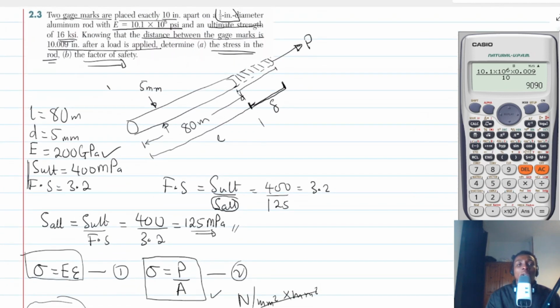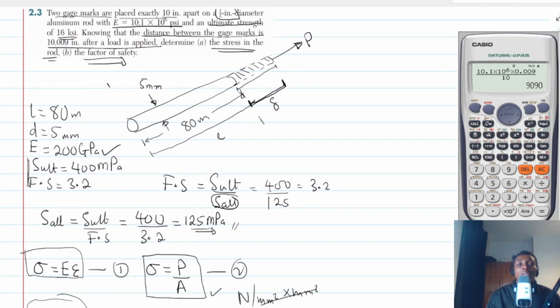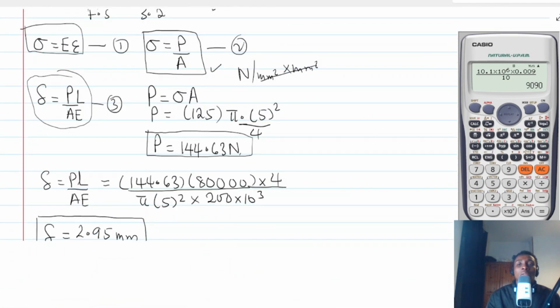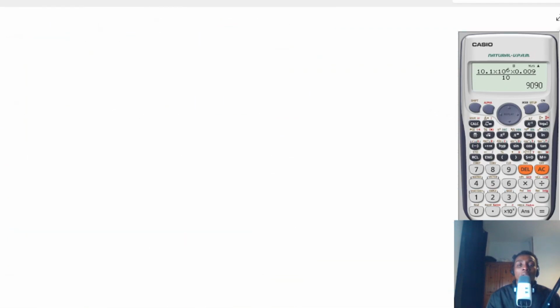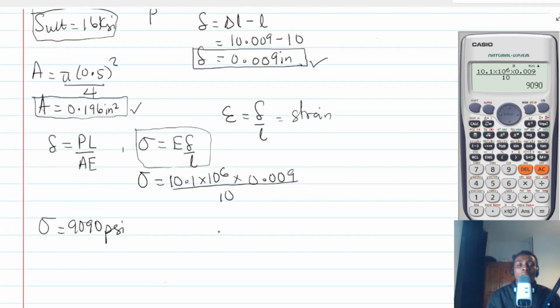The question said we should calculate the factor of safety. By the way, we can also rewrite the stress as 9.09 ksi.